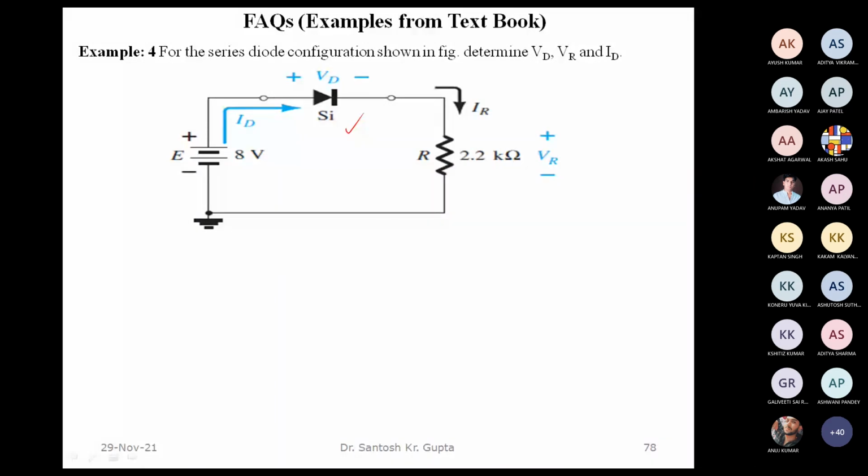That was simple. If we assume that this is an ideal diode, the voltage drop, I mean the potential barrier, for an ideal diode is zero.